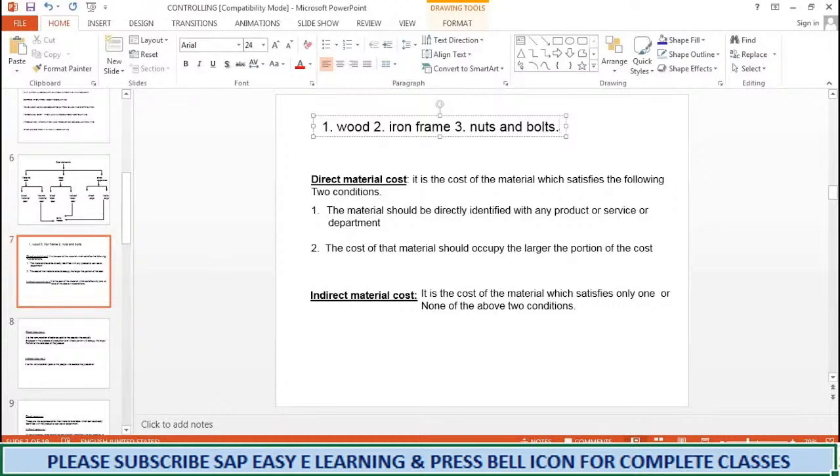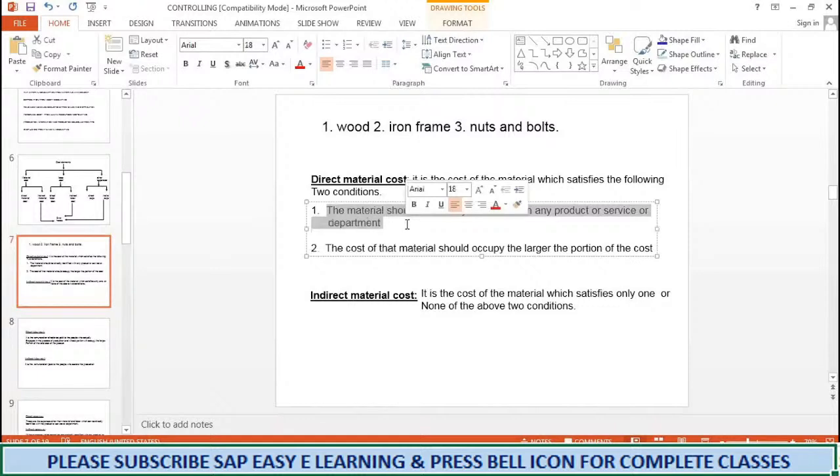Now, wood. By measuring the size of the wooden pieces used in the manufacture of a computer table, we can say that this much square feet of wood has been used. So the first condition is satisfied: the material should be directly identified with any product or service or department.